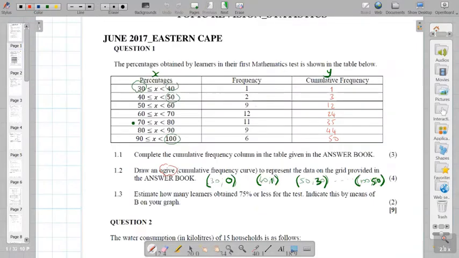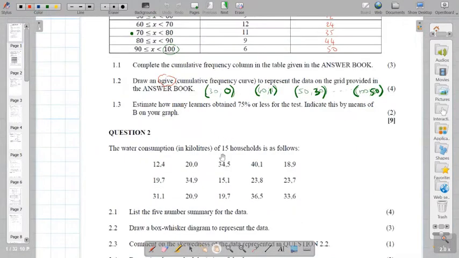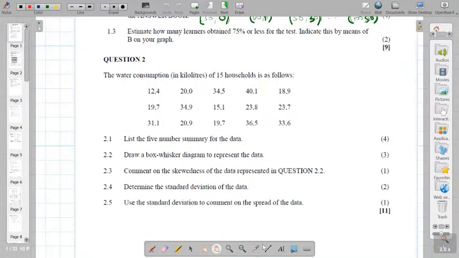Okay, that was the first question. The second question, a few numbers are given. We need to find the 5-number summary. What is the 5-number summary? It is the minimum, Q1, Q2, Q3, and the maximum values. So obviously the numbers must be arranged in ascending order. That's one thing to be done.